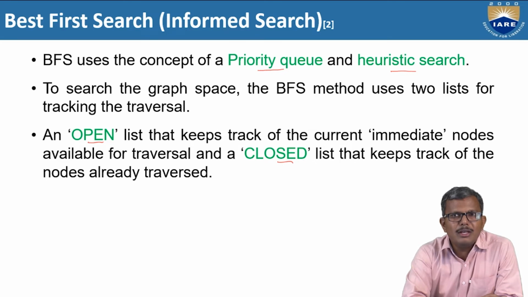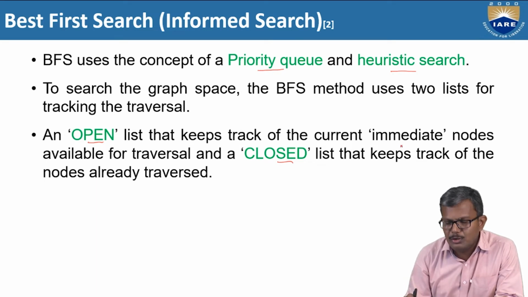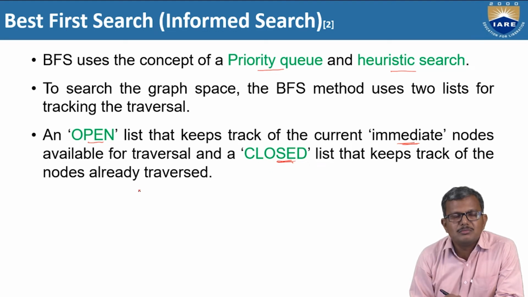What do we mean by the open priority queue, and why do we use the closed priority queue? In the open priority queue we keep the immediate nodes available for traversal, and in the closed priority queue we keep the nodes which are already visited.